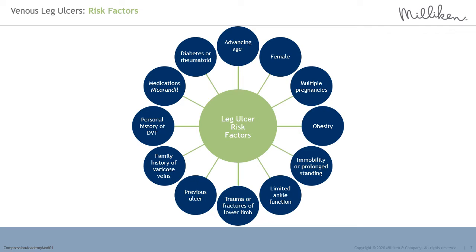Some medications also carry cautions or are specifically linked to increased risk of, or prolonged time to, heal venous leg ulcers. For example, nicorandil, a medication for angina, now carries a specific warning regarding leg ulcers.